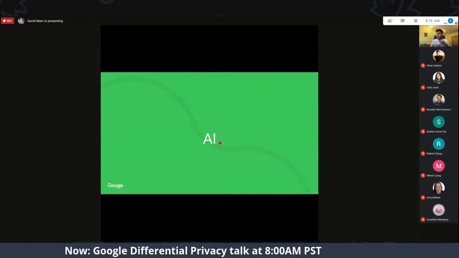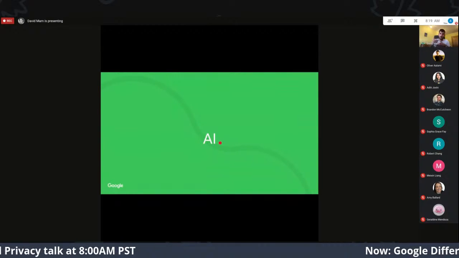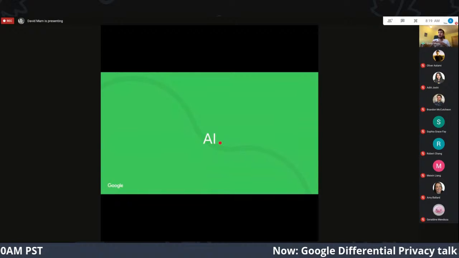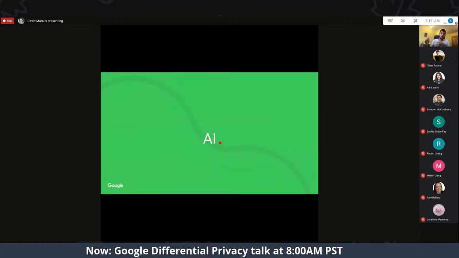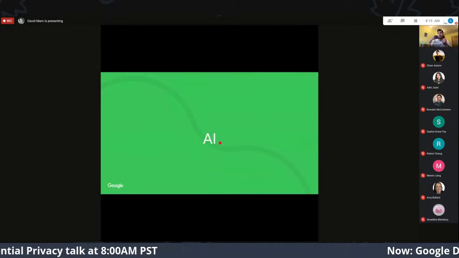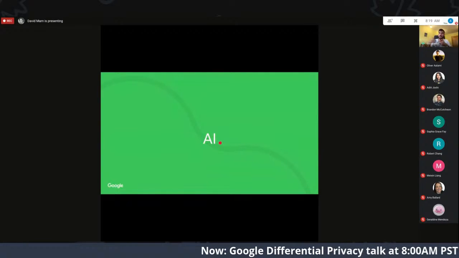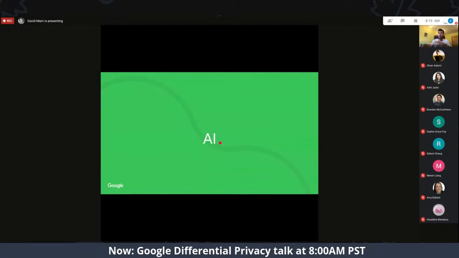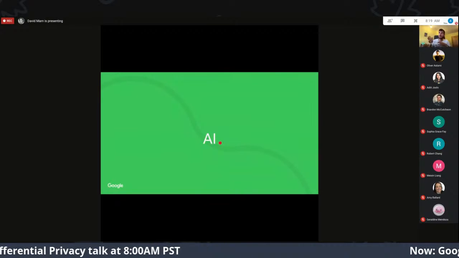So let's switch gears a little bit and talk more about AI and machine learning. In machine learning, you can also use differential privacy to protect the privacy of the users that you train on. So the predictions that your machine learning algorithm will make will not leak anything about the people in the training set. You have a couple of different options here.